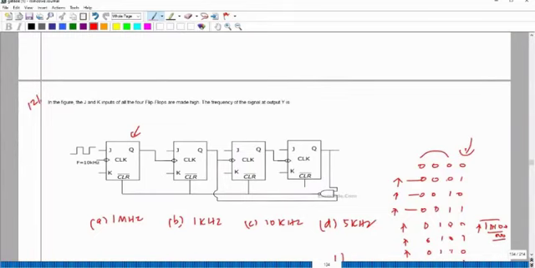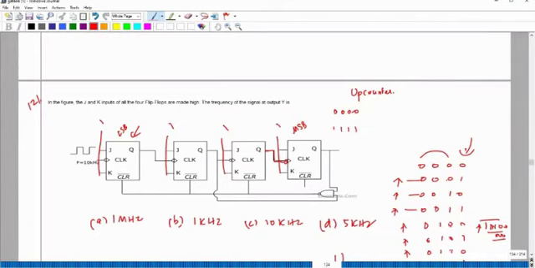So here it is given all the inputs for the flip-flop are 1. Okay, this is your LSB and this is your MSB. And since Q is connected to this negative edge trigger flip-flop, it is an up counter. So it will count from 0000 to 1111.